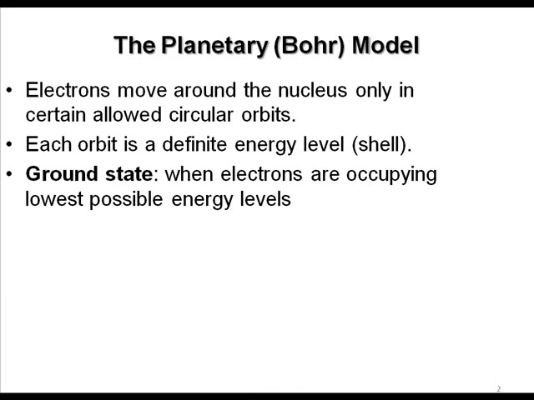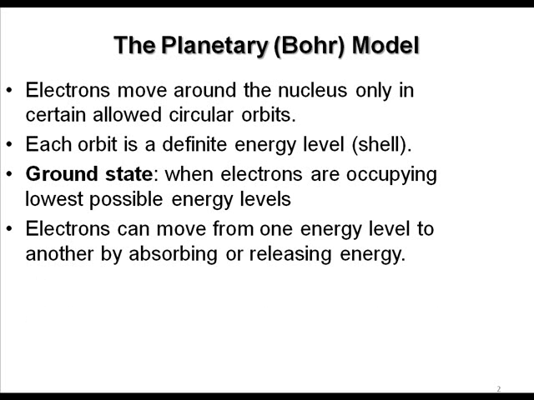The electrons existed in their shells, and when they existed in their initial shells, we called that a ground state because the electrons were in the lowest possible energy level.